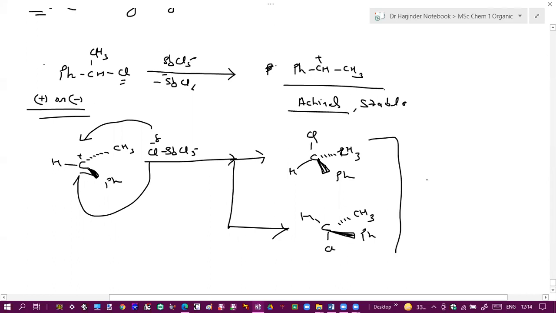Both products are mirror images of each other and obtained in the same amount. So you get racemic modification.